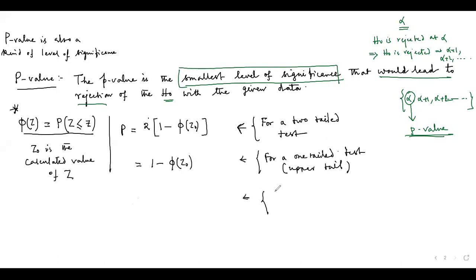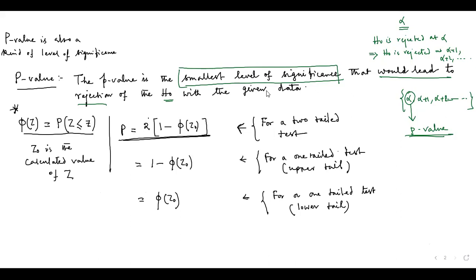If your testing is one-tailed but you are interested in the lower tail or left-hand tail, your formula of p-value will be phi of z naught. In my case, it is a two-tailed problem, so I'm going to use this formula.